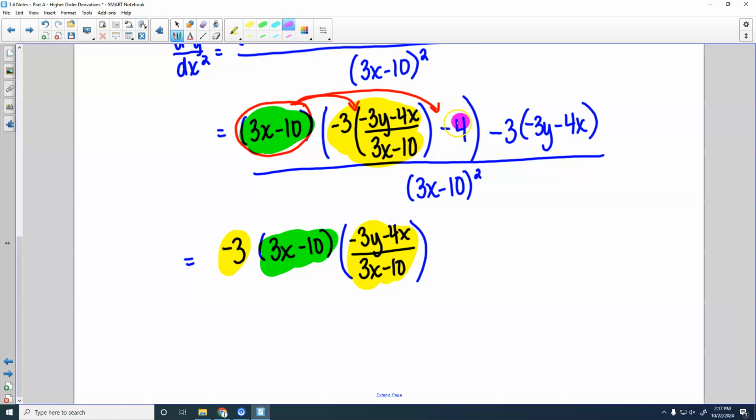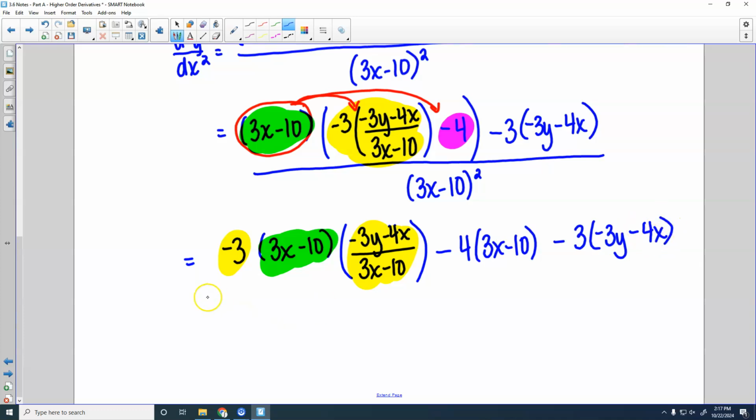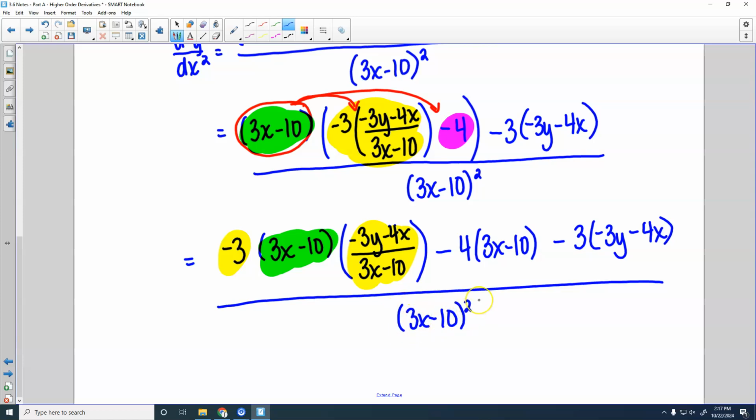Then I have to distribute to that negative 4. So that will look like this, minus 4 times 3x minus 10. And then you want to copy down that last part, 3 times negative 3y minus 4x. You could go ahead and distribute, I'm just holding off on that.